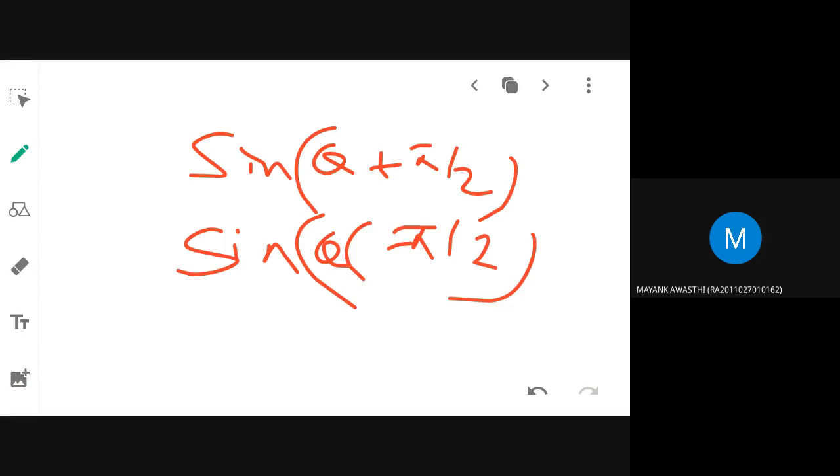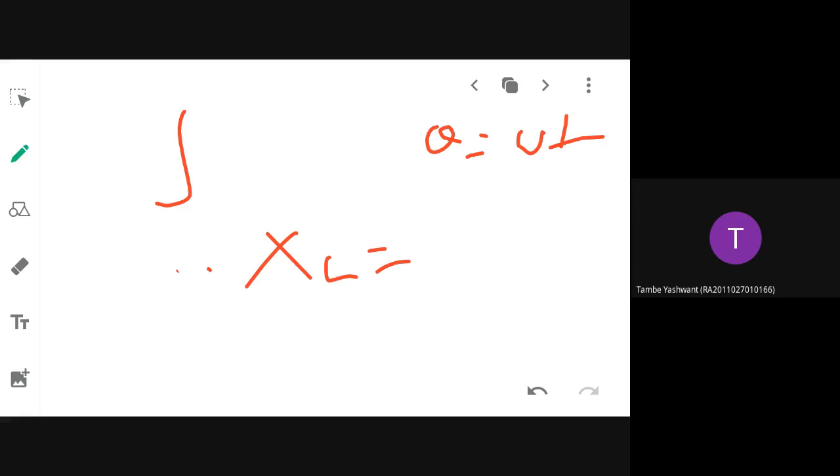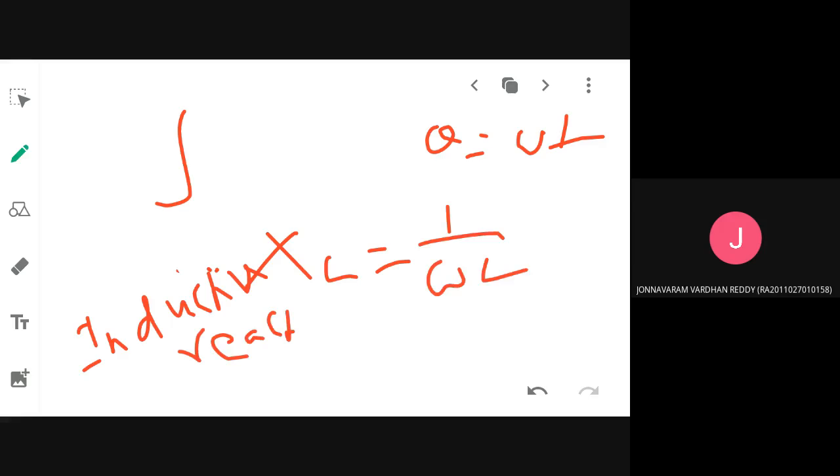But one more thing you remember. I will be deriving in terms of theta equal to omega t, because the reactive component for inductance XL is omega L, and for capacitance XC is 1 by omega C. That omega term you have left out.